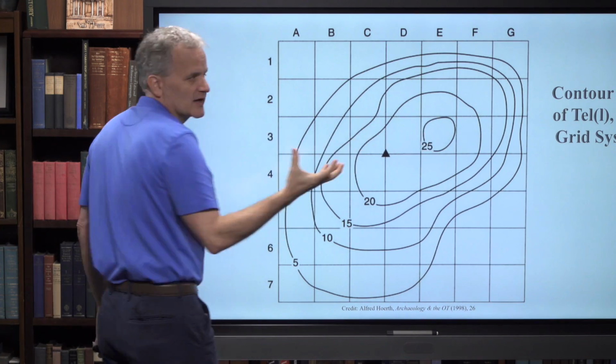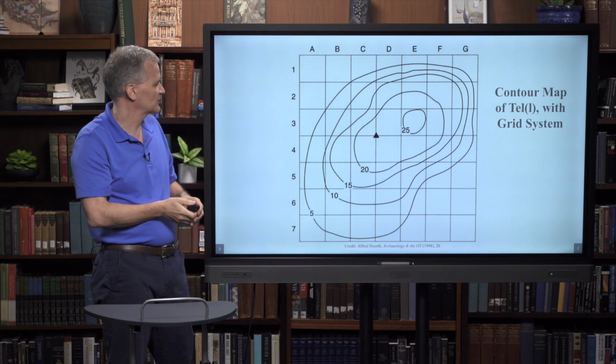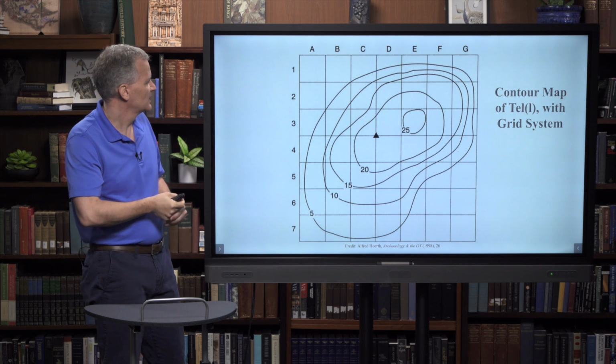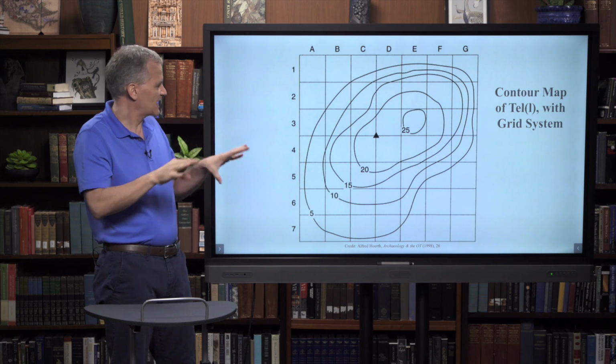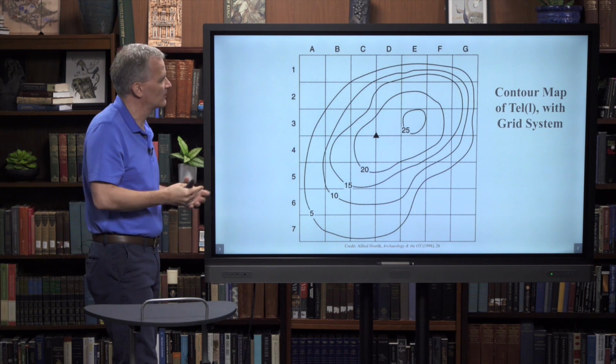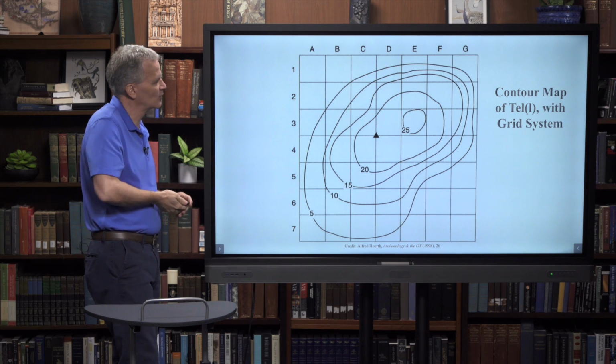And everything that the archaeologists pull out of the ground is designated as coming from square E3. That makes it much more specific to be able to track the material finds, so that you can understand how things are working on the site and publish well, so that people who are studying your work can see exactly where you pulled your artifacts from.